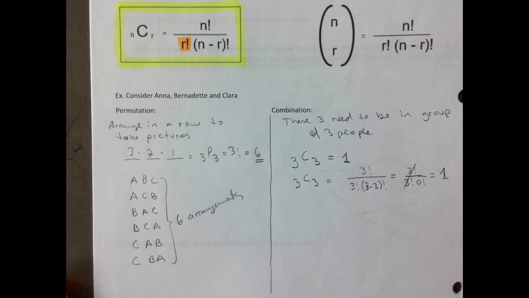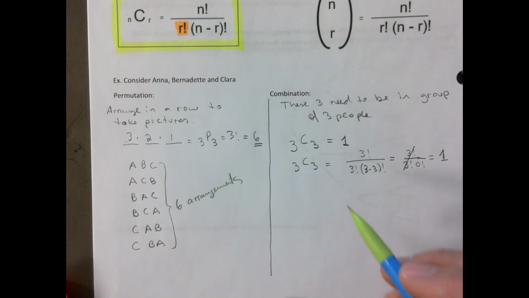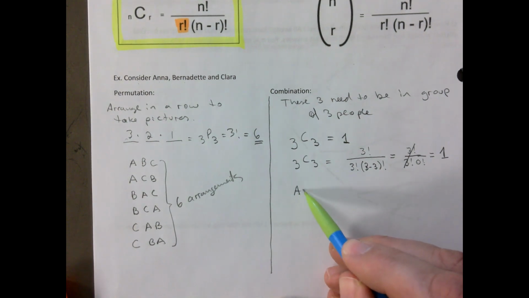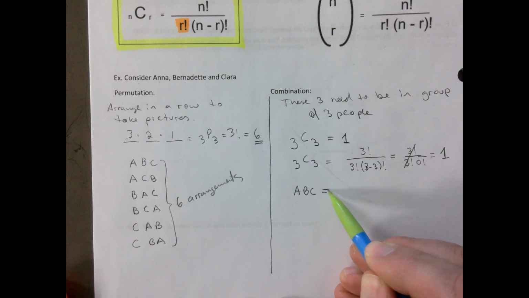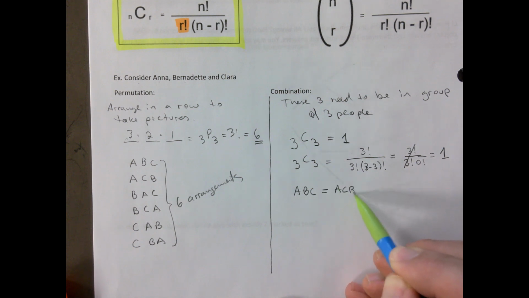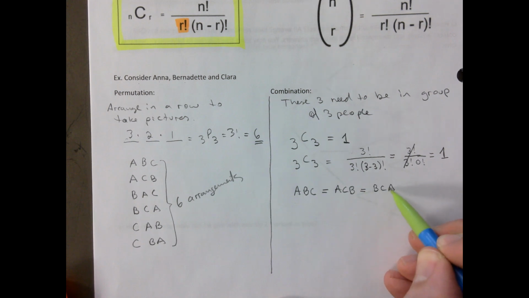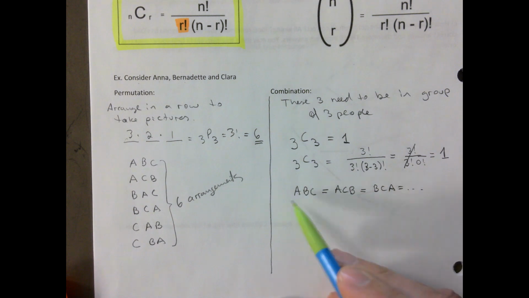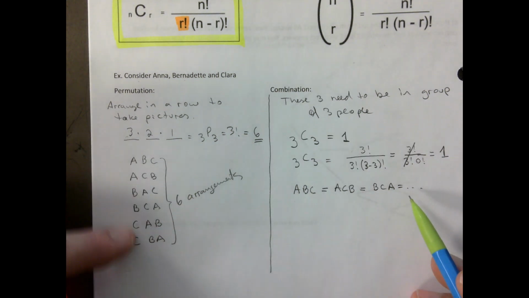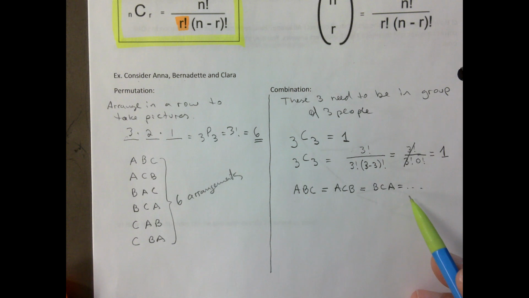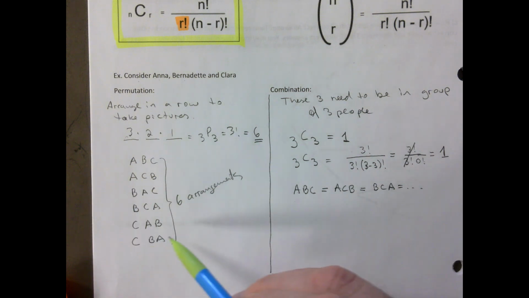So what is this saying? This is saying that ABC is exactly the same as ACB, which is exactly the same as BCA, which is like, we're considering all of these 6 here as just 1. We're making a group of the 3, and that's all we care about.